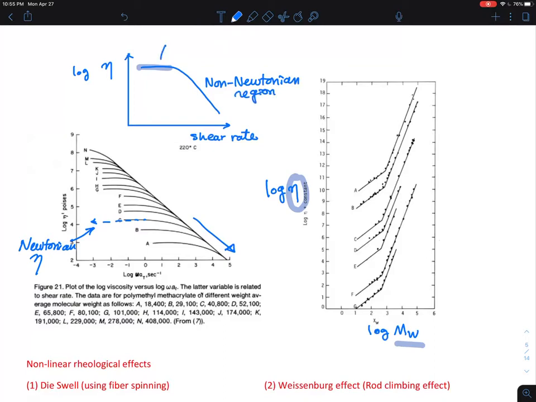Okay, this is a Newtonian. And then what they did is they put essentially a Newtonian viscosity. Sometimes they call it zero shear, but that means zero shear rate viscosity.